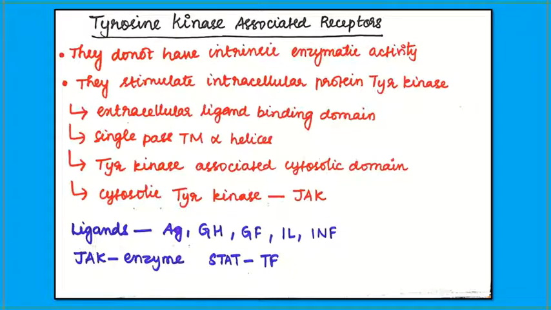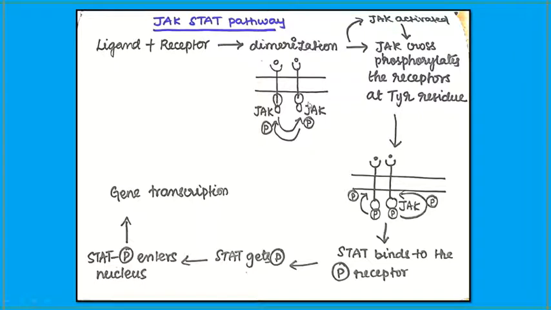In the previous pathway, receptor tyrosine kinase, the cytosolic domain of the receptor itself has catalytic activity, which means it has enzymatic activity. But tyrosine kinase associated receptors do not have any enzymatic activity, but they will be linked to a protein like JAK, which will have the catalytic or enzymatic activity.